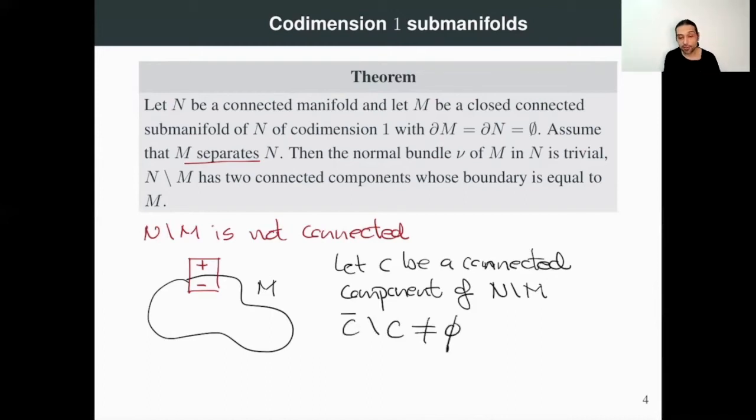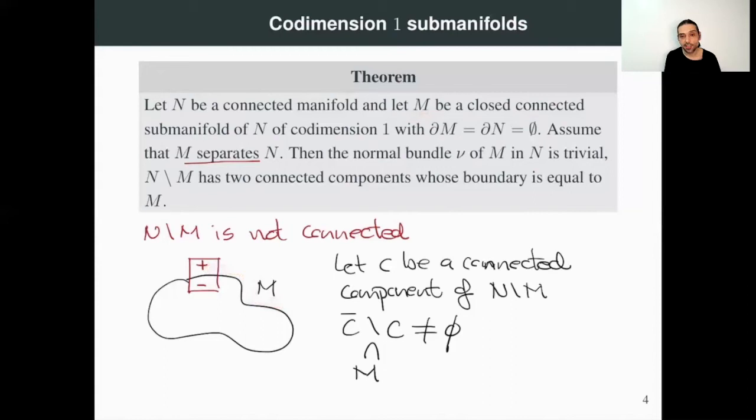And in particular, that point that is in the frontier of C has to be a point of M. This is a subset of M. So you have points of this connected component always very close to M. But if we have a point that is very close to M, since M is also connected, we can follow M and enter here.